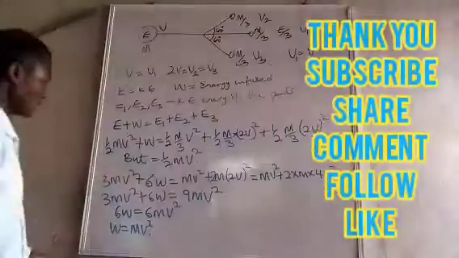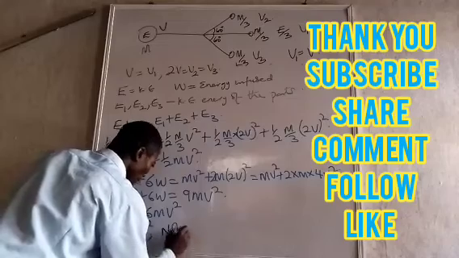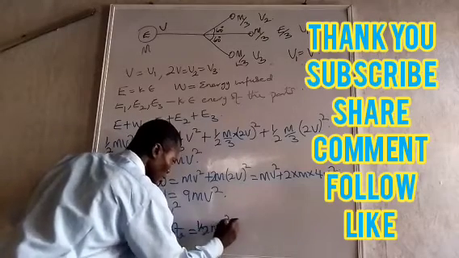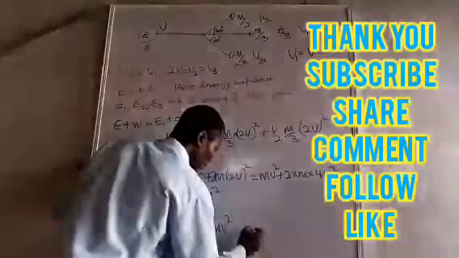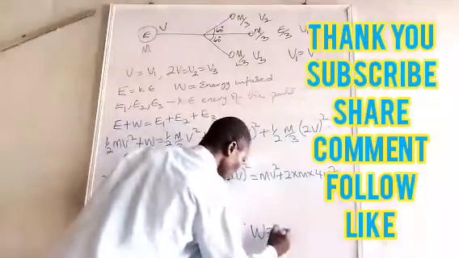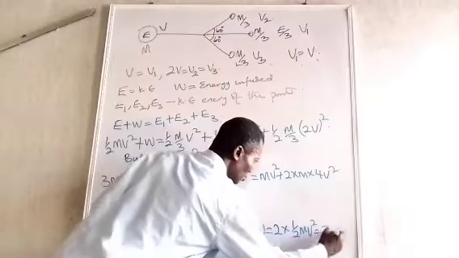Now note E equals half mv squared. Therefore, W will be equal to 2 times half mv squared, which is equal to 2E.